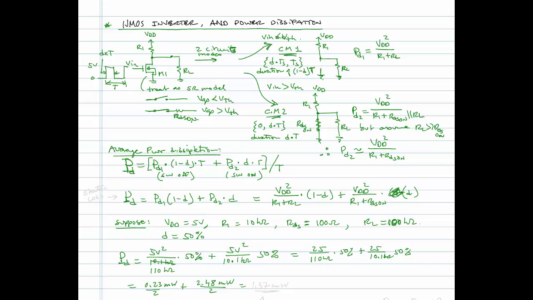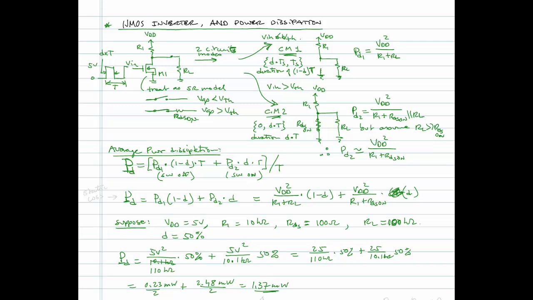So it ends up getting us 2.71, so that'd be about 1.35 milliwatts. Okay, so that's the amount of power that is dissipated.